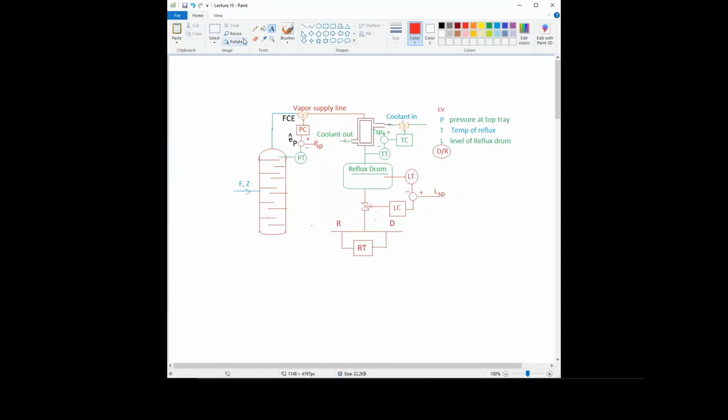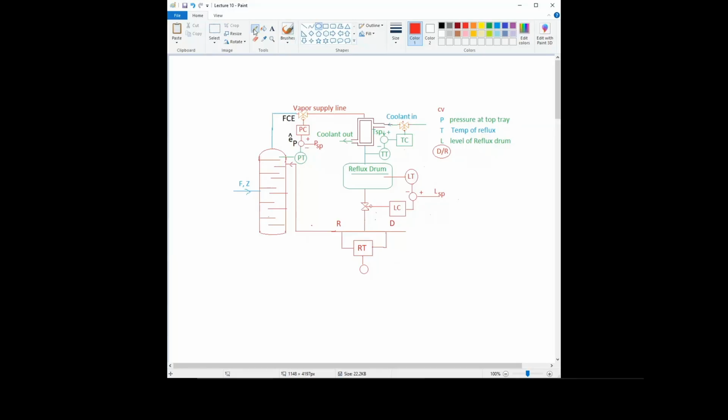Right? So this is the reflux which is being recycled at the top tray, and this is the distillate, right? So here we have measured the ratio using a ratio transmitter. Then this ratio will be compared with the set point value.